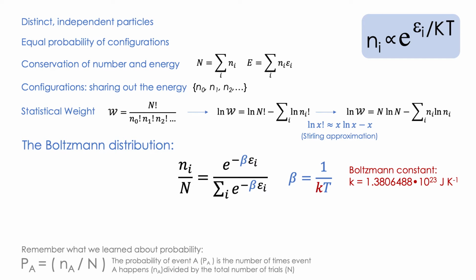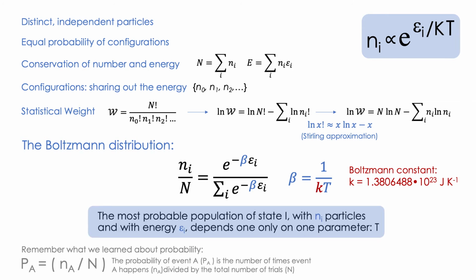A probability distribution, as we learned in the previous lecture, is this distribution of particles over the different energy levels. So the important thing here is that on the left side, we have a probability distribution. And on the right side, you have the energy of the state and one single parameter, which is the one that changes, and that is temperature.